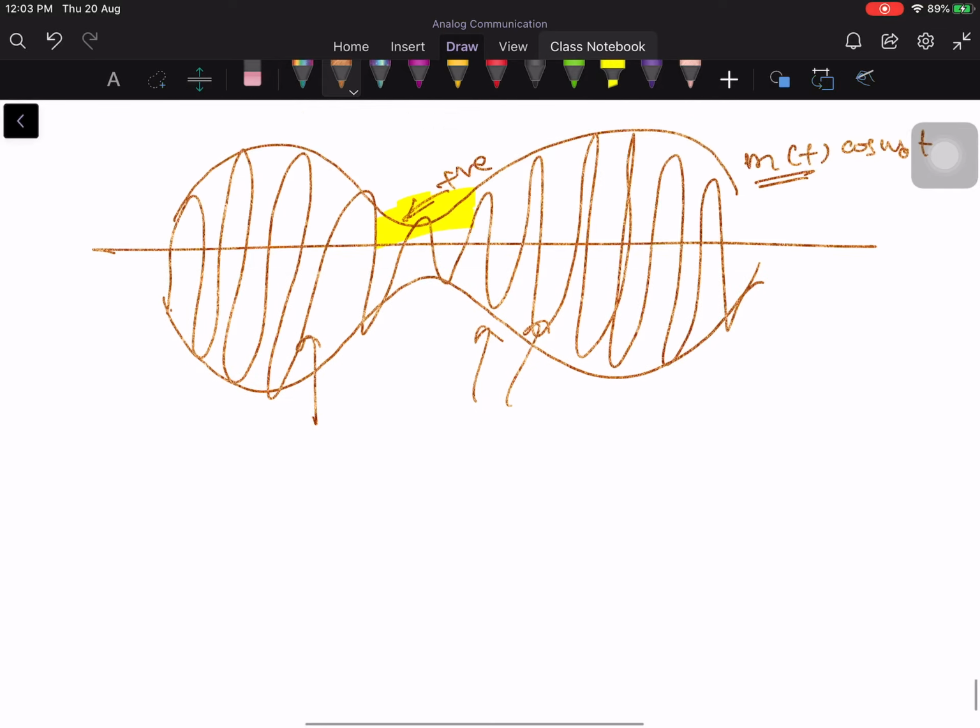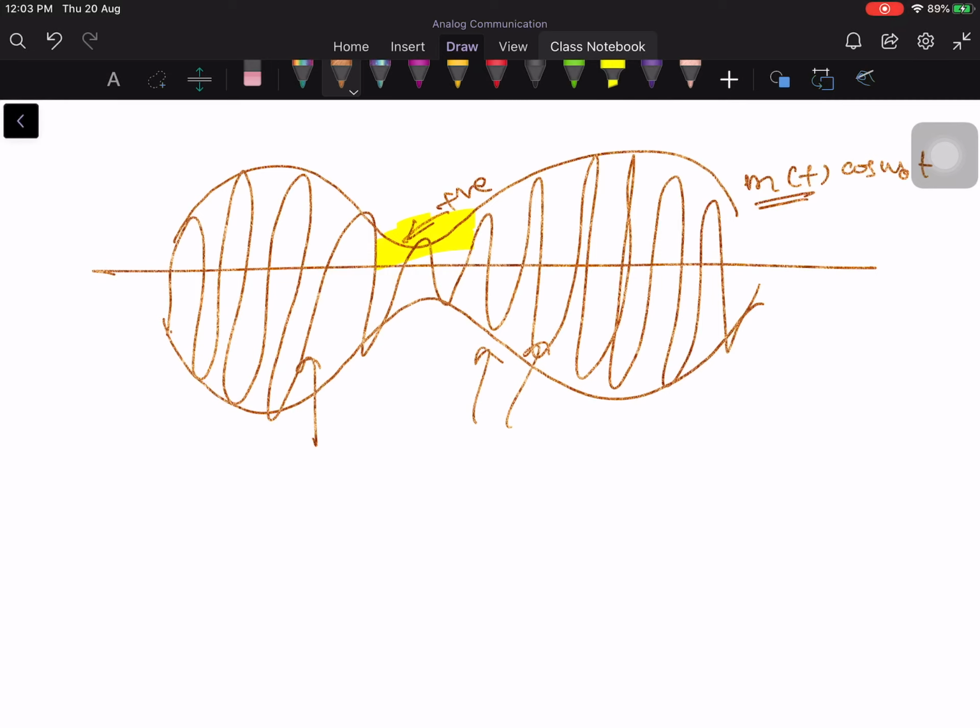So the important reason why I brought this here is you can see the amplitude variations are dependent on the magnitude of m of t. See the variation of the sinusoid, amplitude variation, let me write properly.